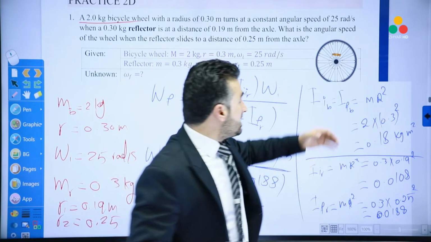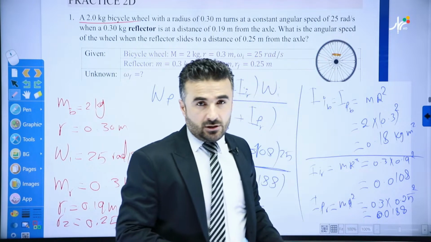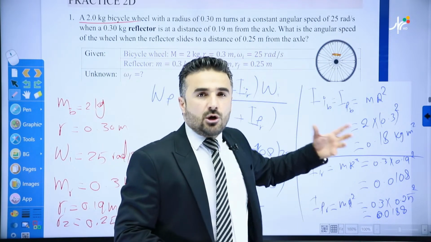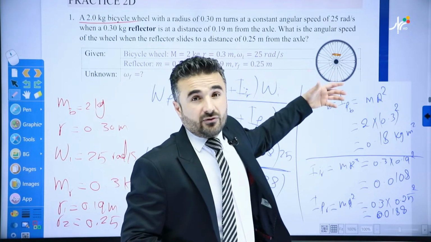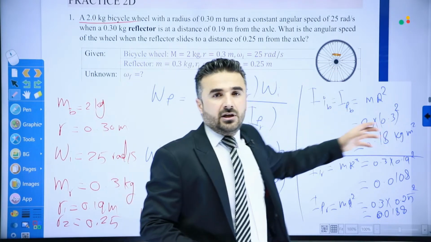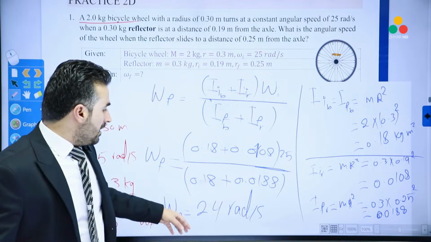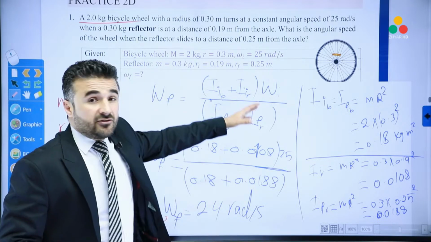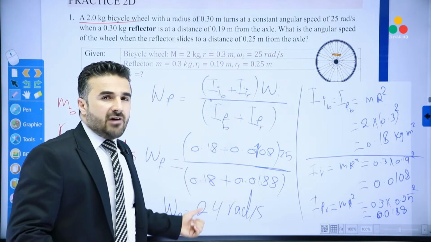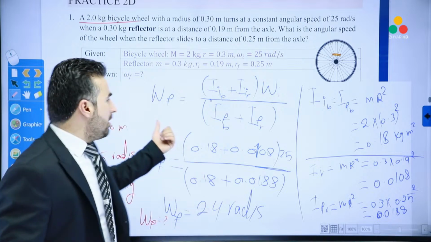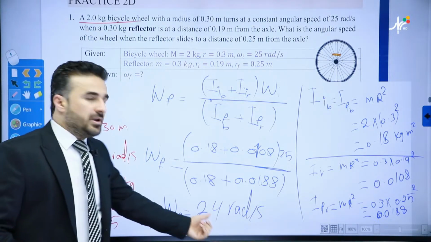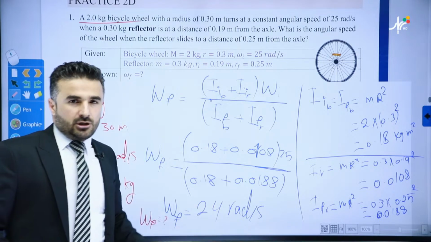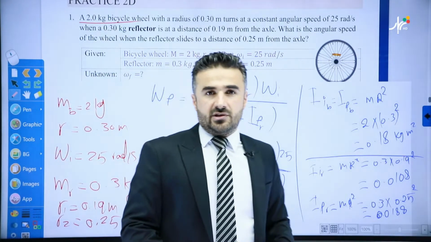When the mass moves away from the axis of rotation, the moment of inertia gets larger and it starts to spin slower. Because the mass went far, omega final must be smaller than omega initial. Omega initial was 25, omega final is 24, so logically it makes sense, and of course the answer is correct.